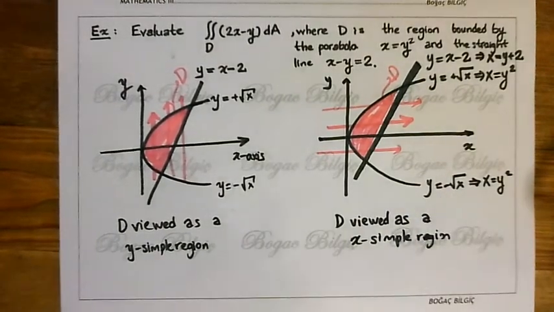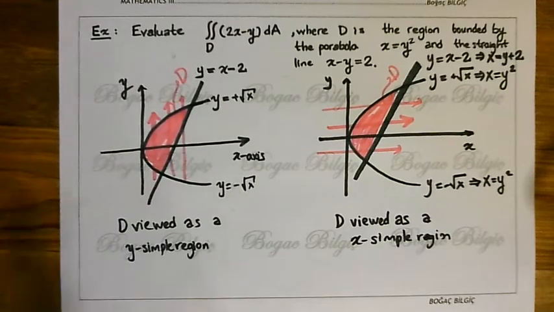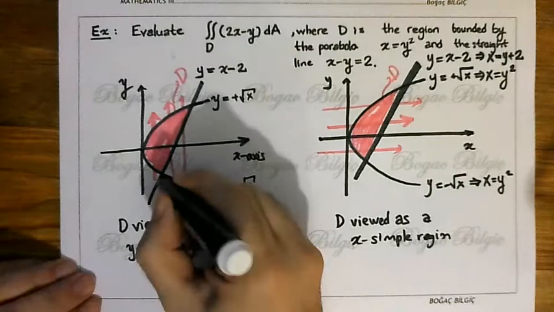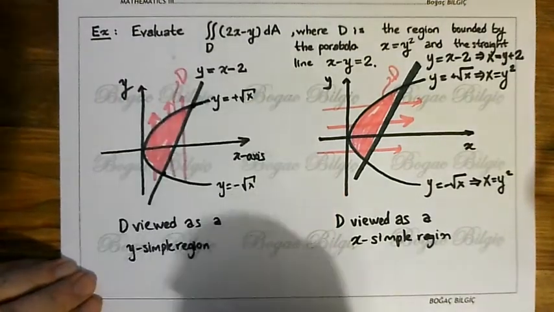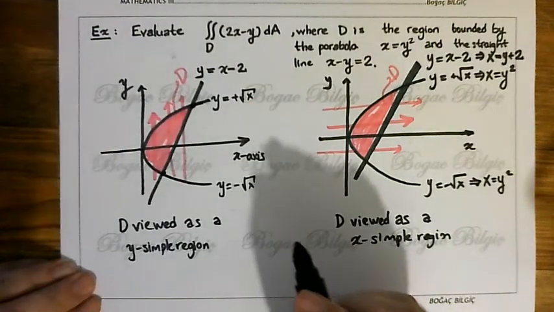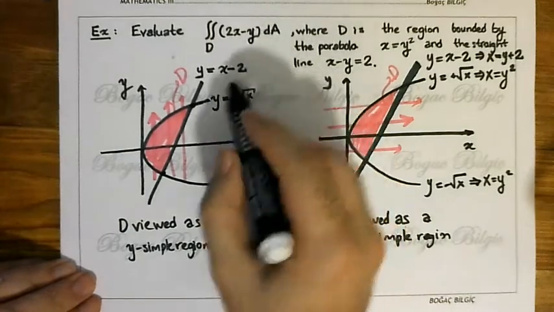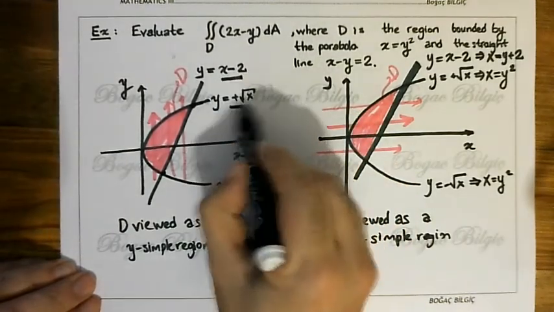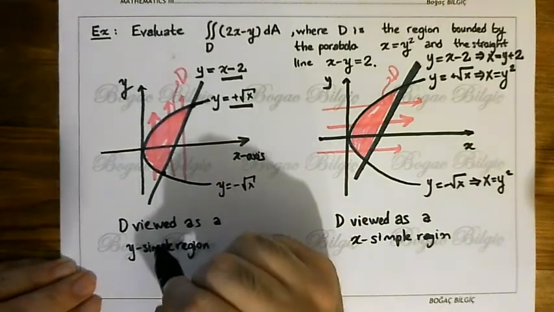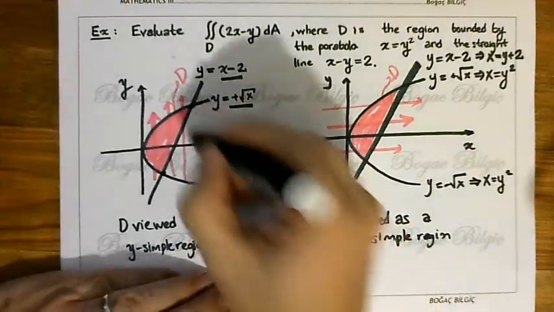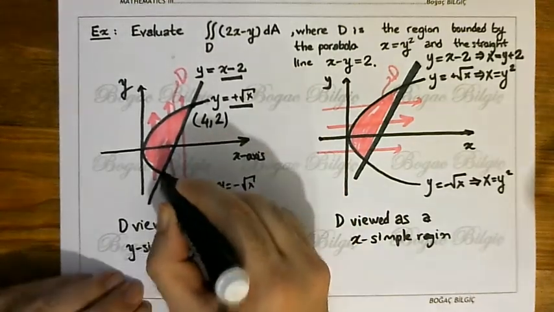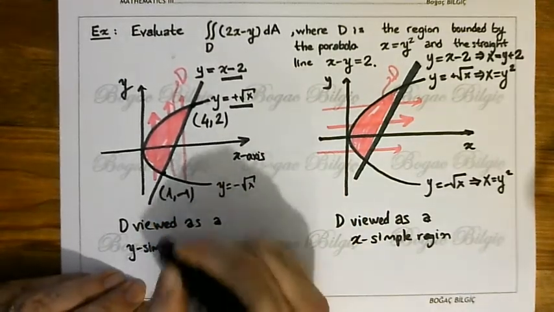The region D is both y simple and x simple. This point is important. If we set these equations equal, this point is 4, 2. This point is 1, minus 1.